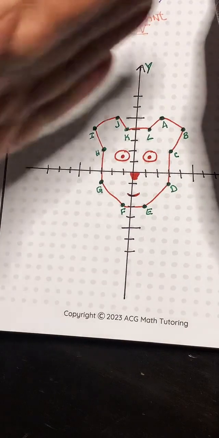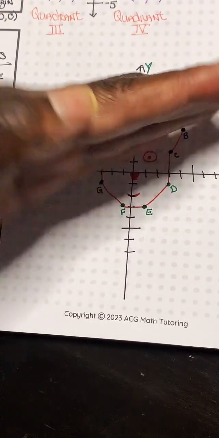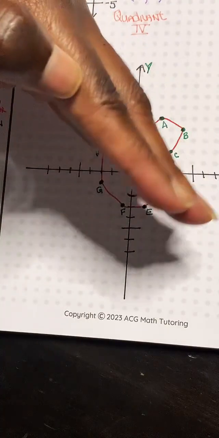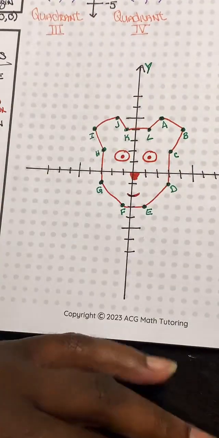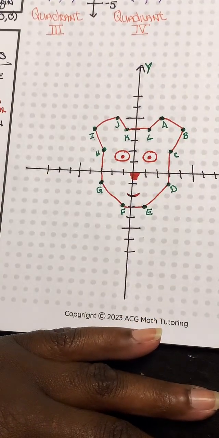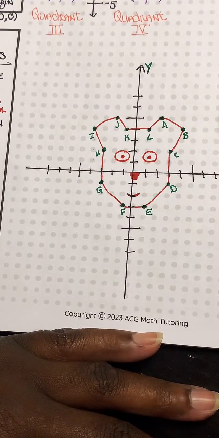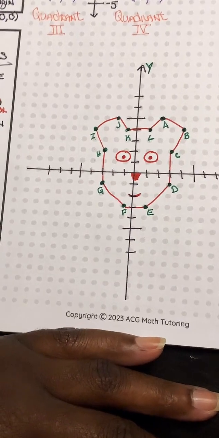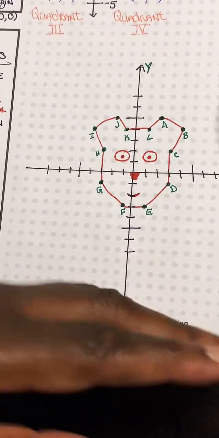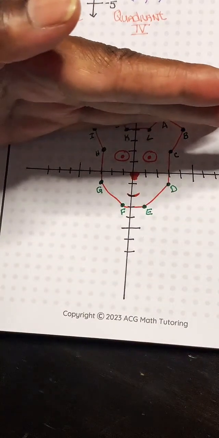Regardless if it's going straight up this way, if it's a positive slope or a negative slope, your domain is all real numbers. Your range is all real numbers. That's it. Now, if it's horizontal, same thing.